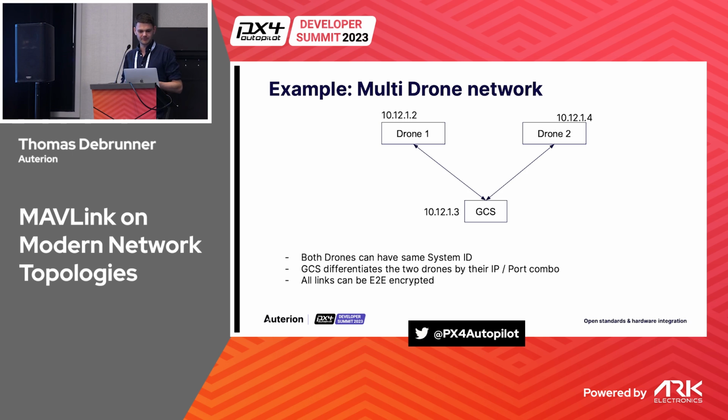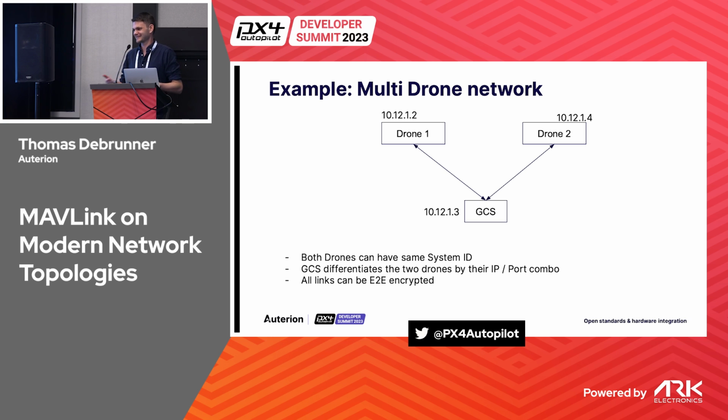So in practice, if you have a multi-drone network, let's say drone 1, drone 2, they have different IP addresses. You have your GCS connected to both of them at the same time. So far, every approach I've heard about how to solve this has involved trying to assign MAVLink system IDs to the two drones, such that the ground station can differentiate them.